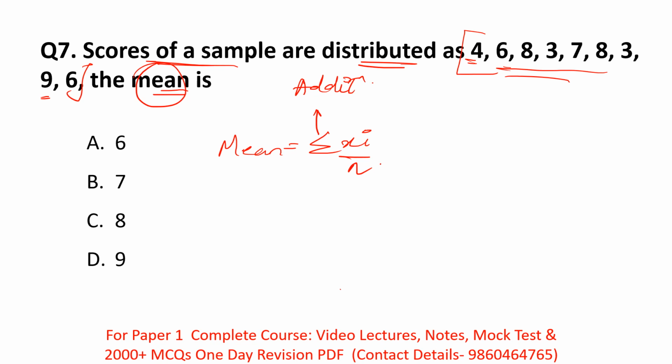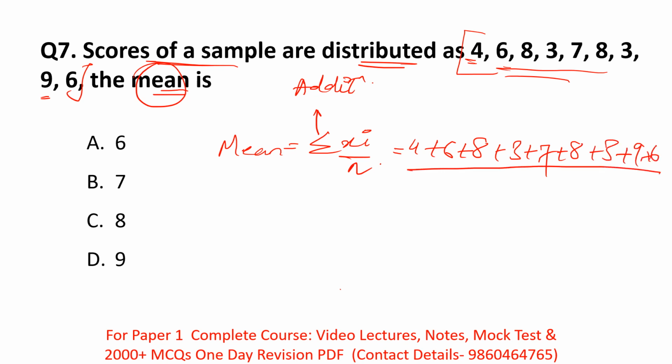So summation of xi means you have to add all of these: 4 plus 6 plus 8 plus 3 plus 7 plus 8 plus 3 plus 9 plus 6, divided by n, the total number of terms. Count how many terms there are: 1, 2, 3, 4, 5, 6, 7, 8 and 9. So 9 will come here.